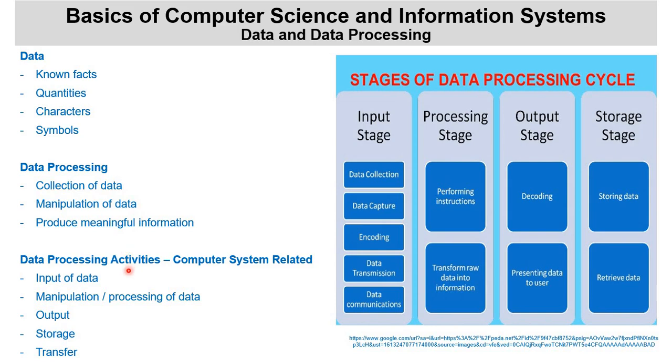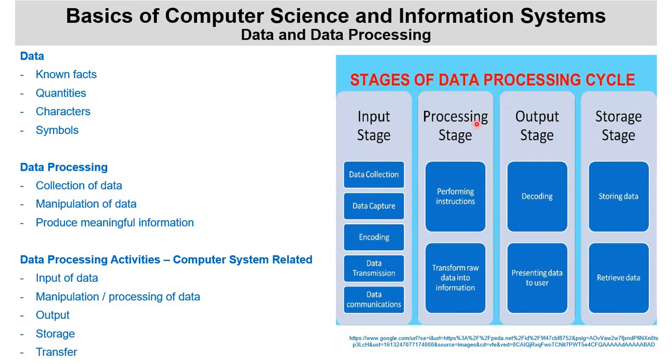So basically, there needs to be some kind of input of data, and a way to process or manipulate that data, and also a way to show what the outcome is so that it makes sense to the outside world or the users who are looking at the data. And then you can also store the data and transfer it in a way that you need.